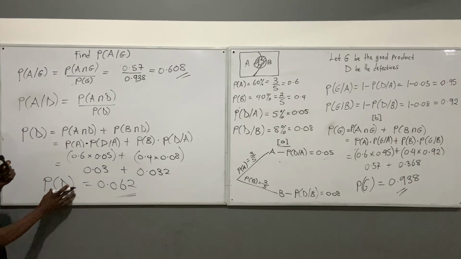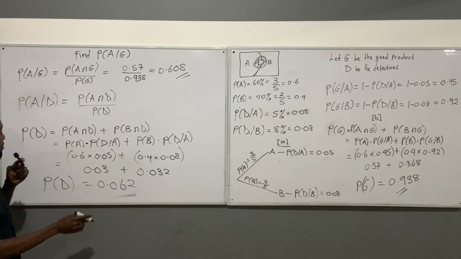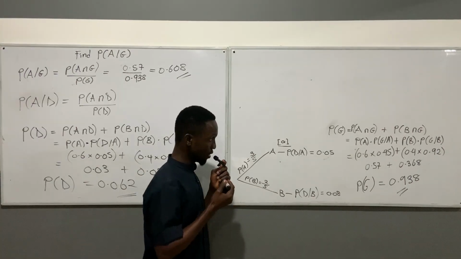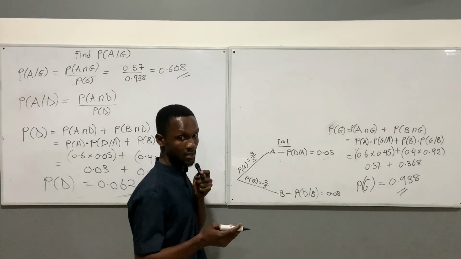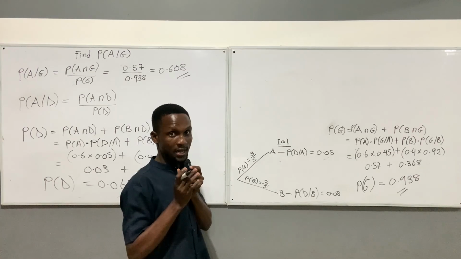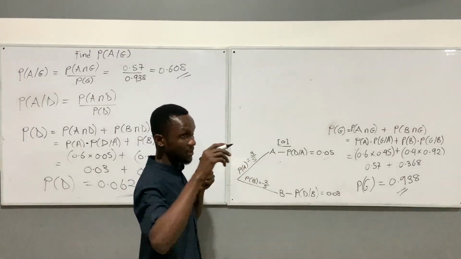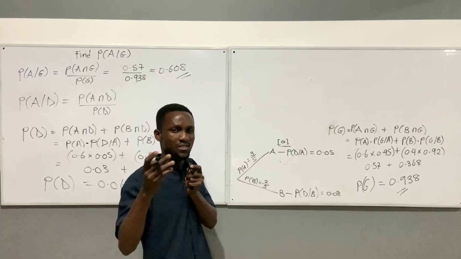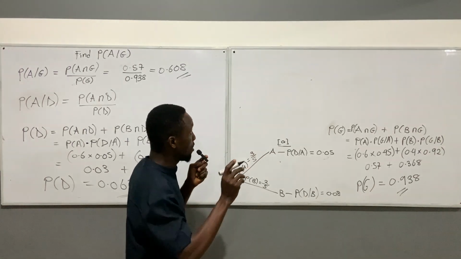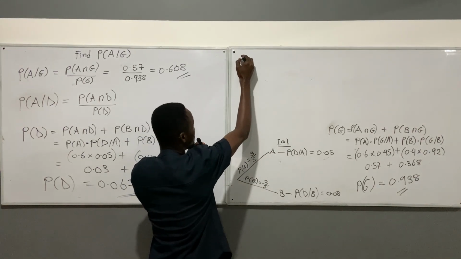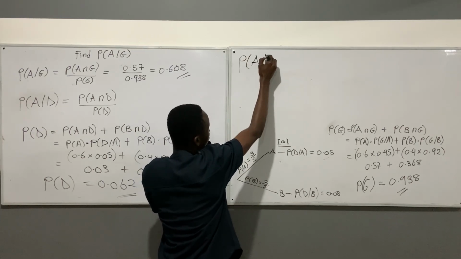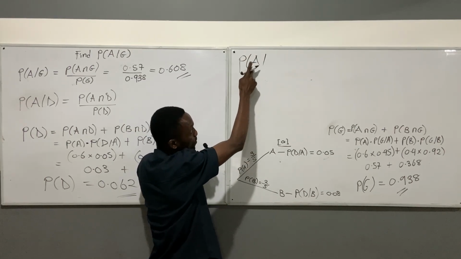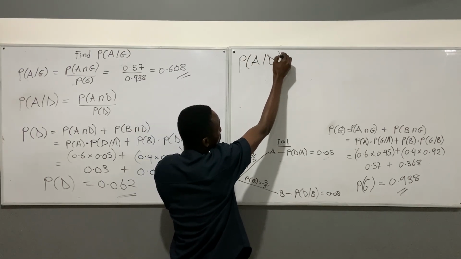Now we are not done. Now we have the probability of D, which is here. So the question was asking us that, given that a batch of product is defective, that is the condition. Given that a batch of product is defective, what is the probability that it came from supplier A? So he's telling us to find P of A, the probability of supplier A, given that the product is defective.